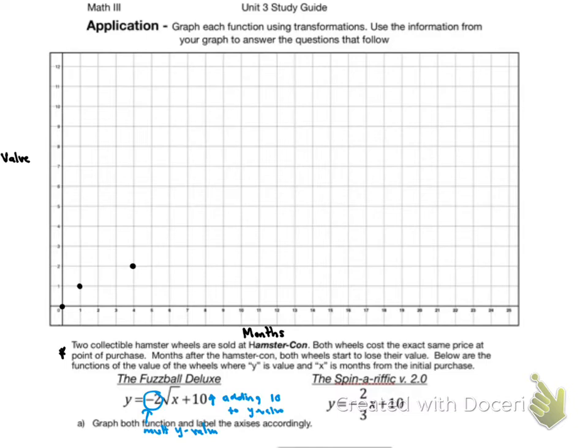So if we're looking at the point on the origin at 0, 0, so we're going to take 0, we're going to multiply it by -2, and then we're going to add 10. And there's our multiplier, there's our shift. So 0 times -2 is 0 plus 10.